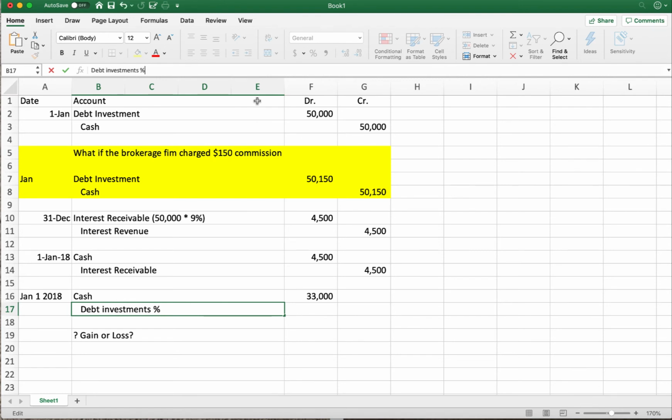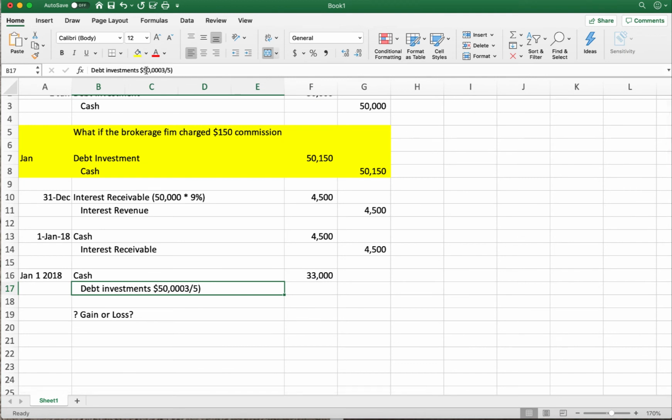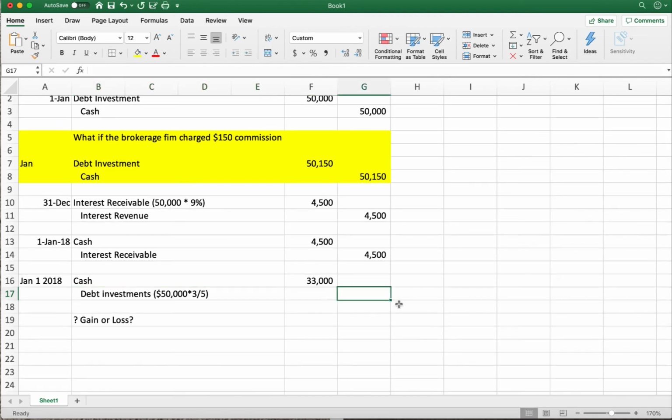The face value of those bonds that we have is $50,000. We basically sold 3/5 of them, right? We sold 3/5 of those. So we're going to multiply the 50,000 times the 3/5, right? That ends up being $30,000. Okay? That's the value of the bonds that we got rid of, 30,000.